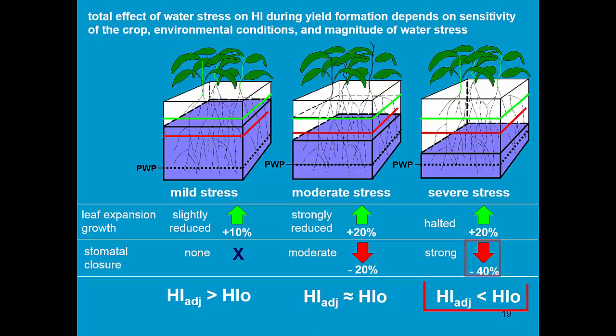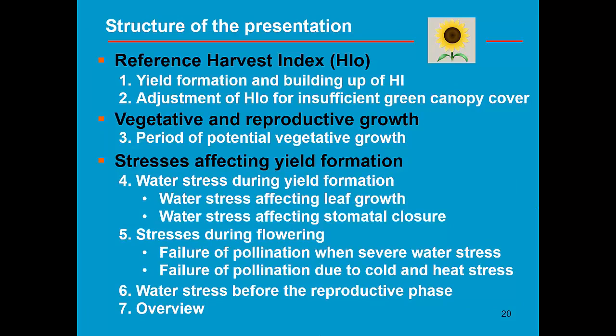This results in a decline of the harvest index. To summarize, water stresses affecting leaf growth can result in an increase of the harvest index, while water stresses affecting stomatal closure will result in a reduction of the harvest index.